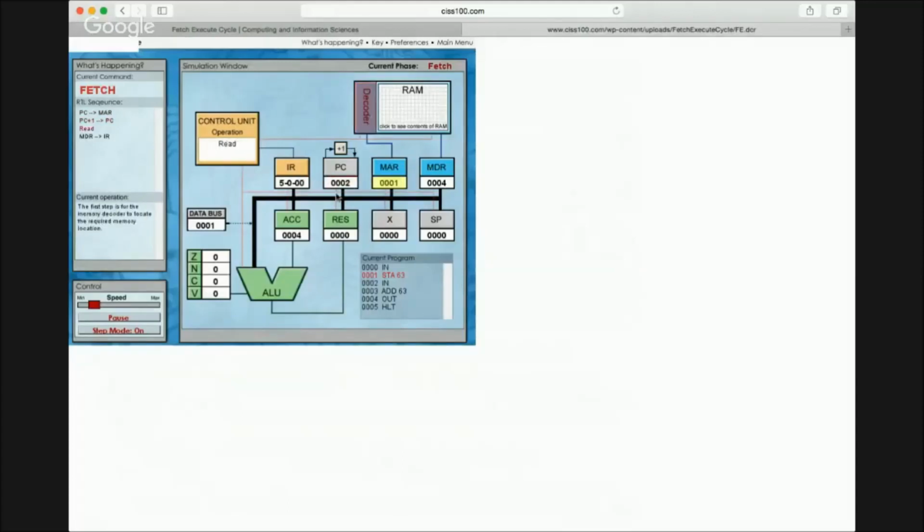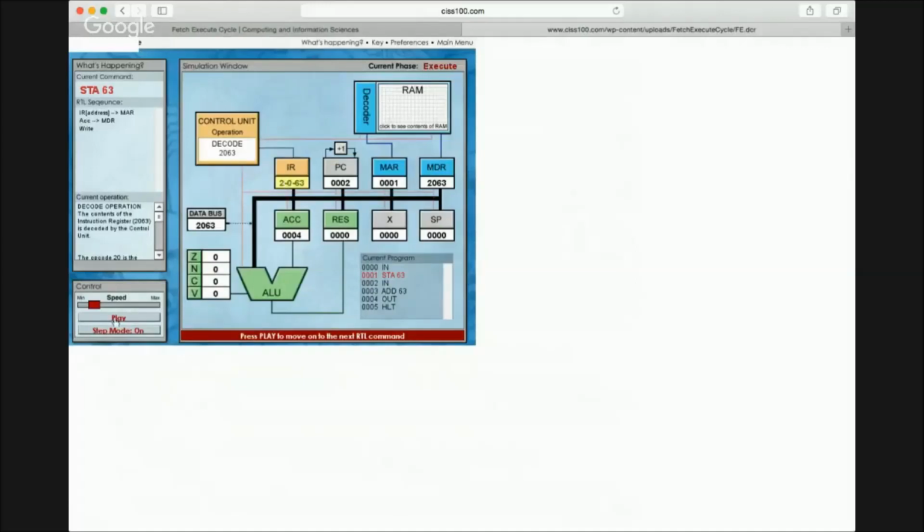Increment PC, 1 plus 1 is 2. Memory address 01 goes up to RAM, pulls down the value 2063. 2063 will get transferred to the instruction register. And now we're paused for the next clock cycle, waiting to decode 2063.